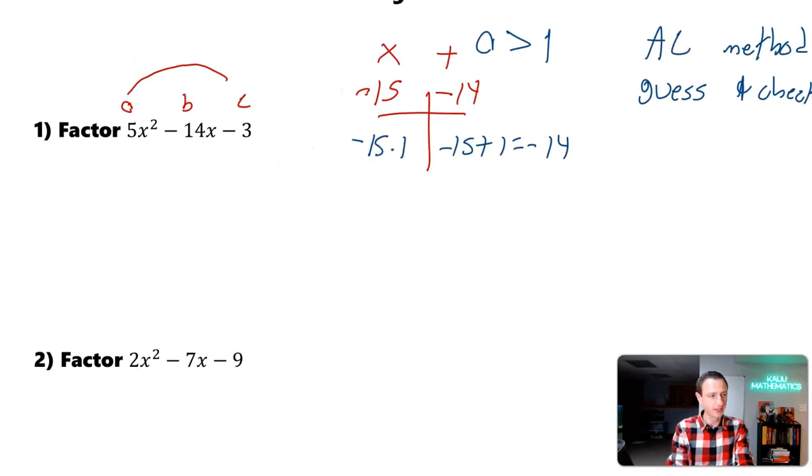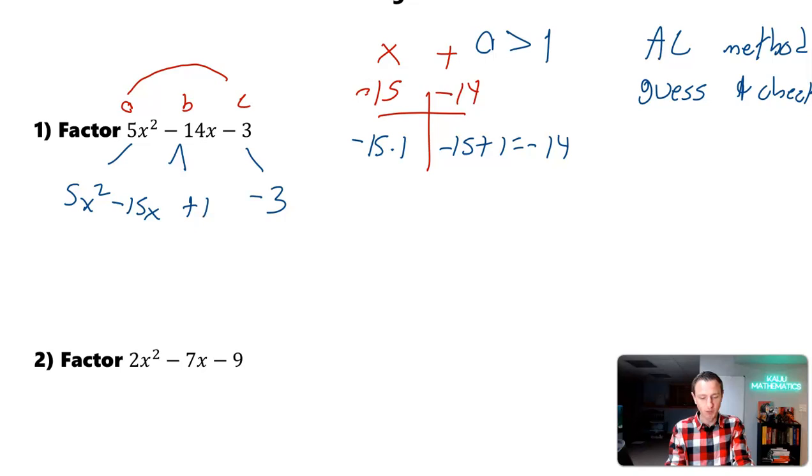So here's how we do the AC method then. I found my combination of numbers, negative 15 and 1. I'm going to bring down my a term, so that's 5x squared. I'm going to bring down my c term, so that's minus 3. And I'm replacing the middle term with my two factors that worked: negative 15x and positive 1x.